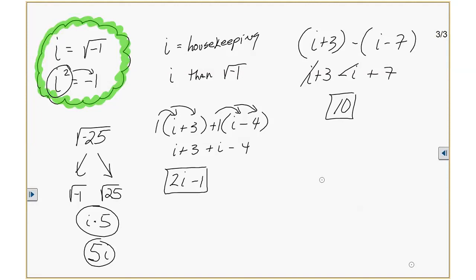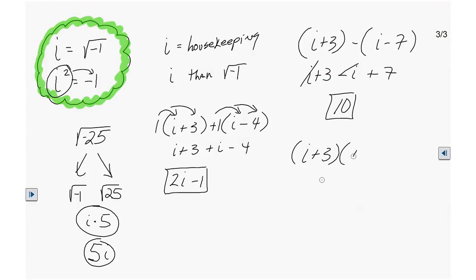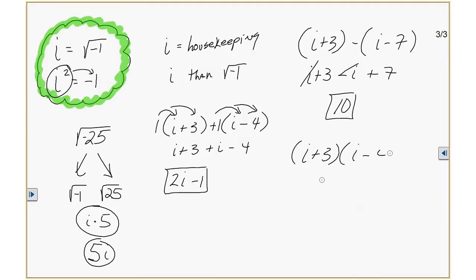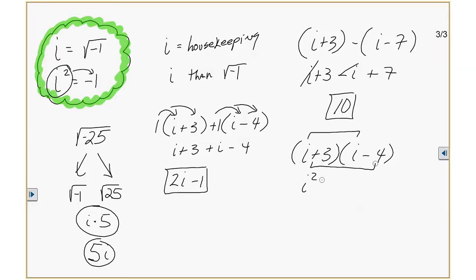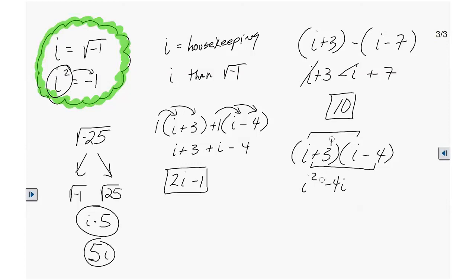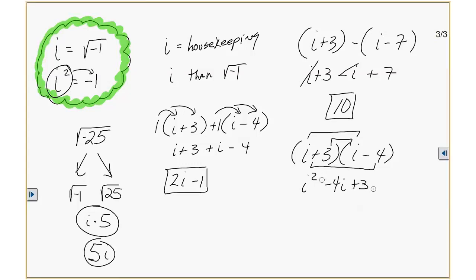Now, it gets kind of hairy when you do the multiplication and division, because you have to do what with the exponents? You have to add or subtract the exponents, and that's when you get i squared. So, they know FOIL, i plus 3 times i minus 4. First, outer, inner, last. And what do you do with the 2 middle terms?